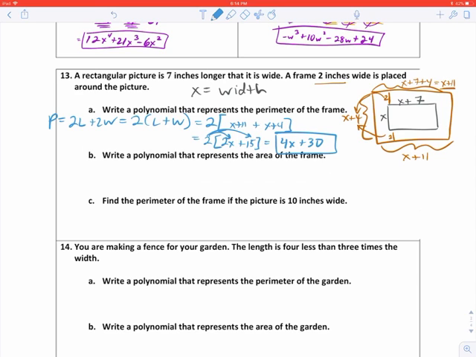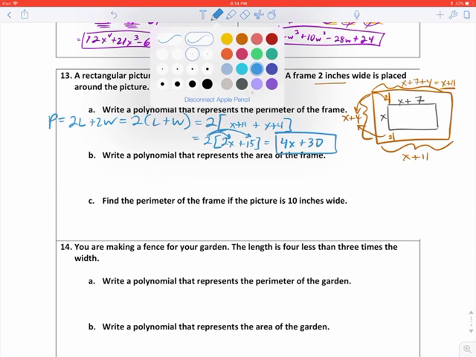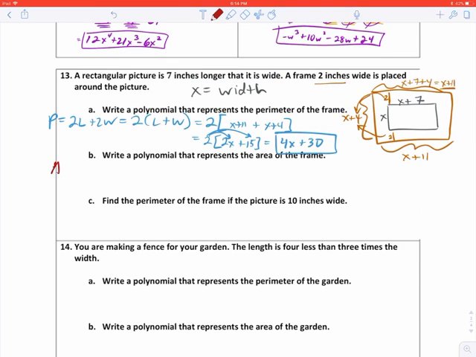Now let's write a polynomial that represents the area of the frame. Remember, area for a rectangle or even a square is length times width. So I'm going to write area equals length times width, and my length is x plus 11, and my width is x plus 4.